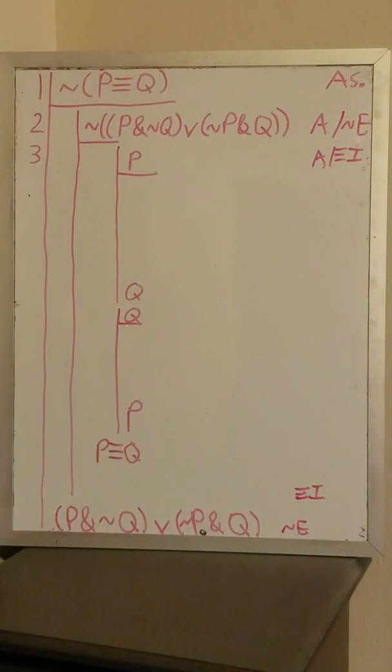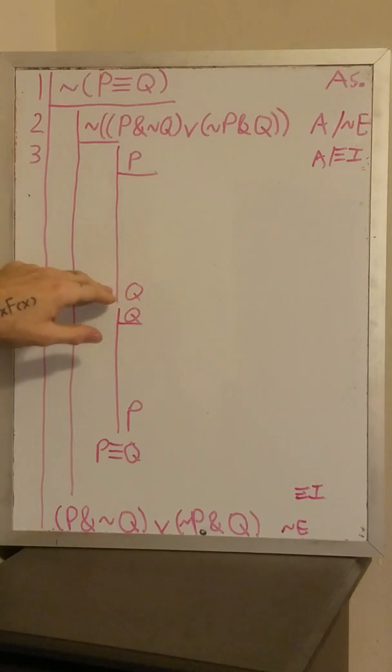All right, so how can we get Q from P? Well, it doesn't seem like there's any obvious way given what we have. These are both negations, so we really can't do much with them, and we're not going to get Q just directly out of P. So we need to make yet another assumption here.